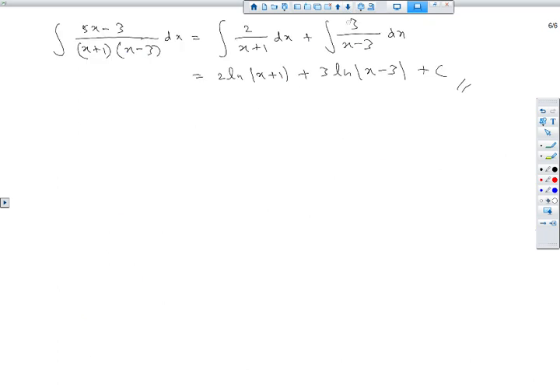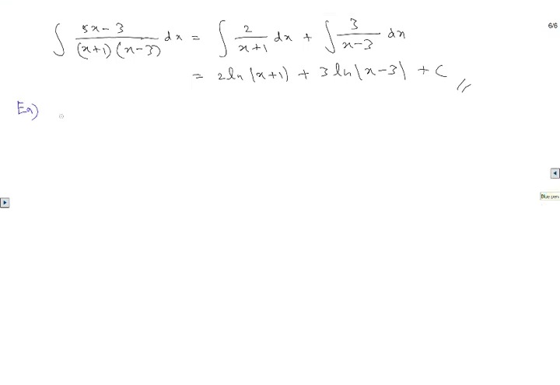Okay, let's try another example. How about we have 3 unknowns, 3 linear factors. Integrate (x squared plus 4x plus 1) over (x minus 1)(x plus 1)(x plus 3) dx, something like that. Its argument is very clear.